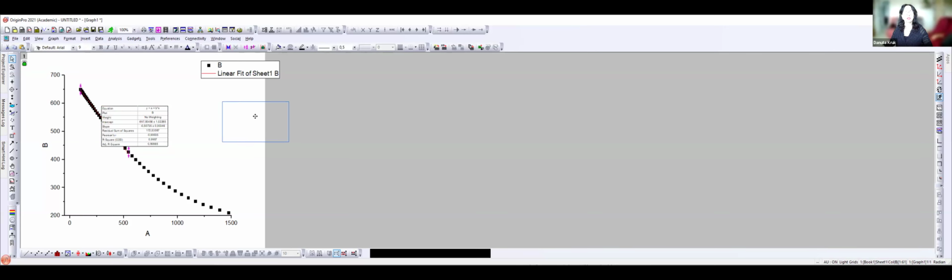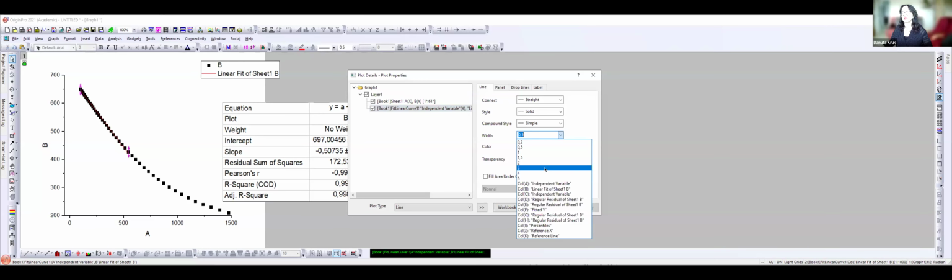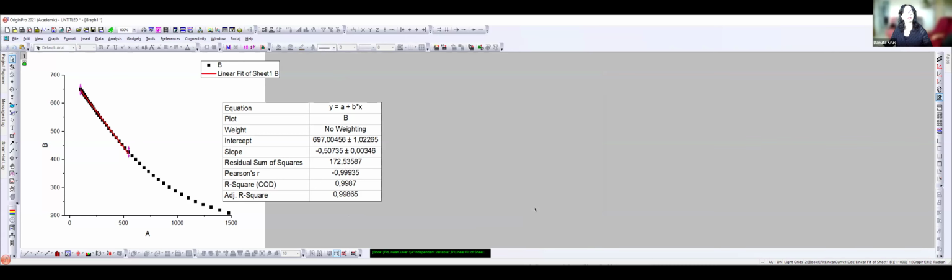I fitted a linear function. Not bad. Let me make it so you can see. Yeah. And then let me look at the slope. It's more or less minus, it does not matter. Of course, it is minus because the curve is decreasing.